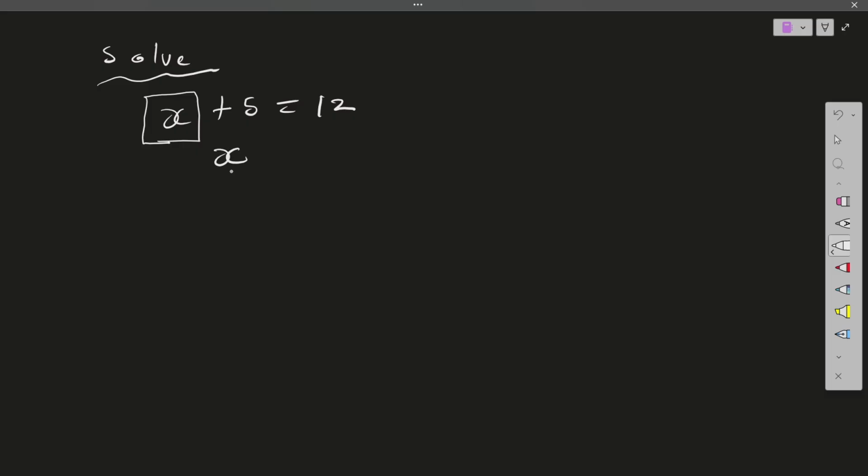Let's just quickly solve. So x is equal to 12 minus 5. I want you to understand something here. If we have this positive number, 5, and we are solving for x, we must get rid of any number that is next to the x, which in this case is the 5.